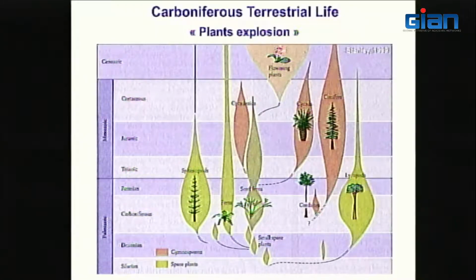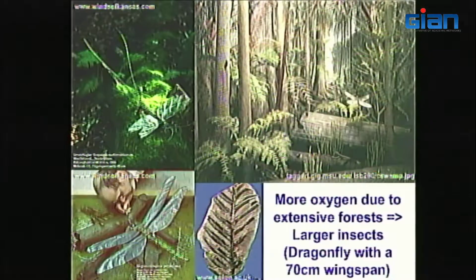All these sphenopsids, lycopods, and tree ferns were forming huge forests and delivering a lot of oxygen into the atmosphere.